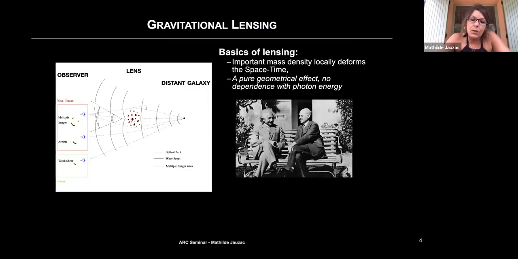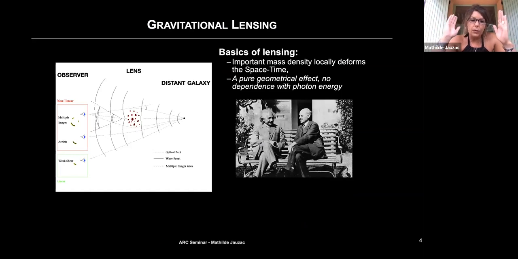So like I said, the main tool I'm using, and I insist this is a tool, this is not anything more than this, is gravitational lensing. If you look at the image on the left, you can see an optical bench where the observer is here. You have a galaxy that is emitting a source.